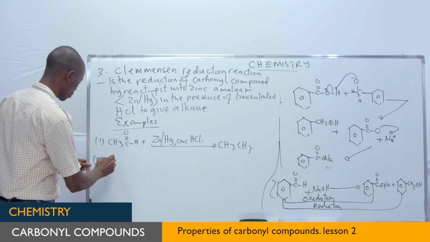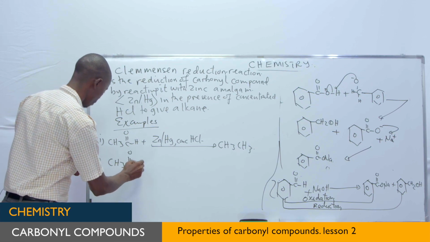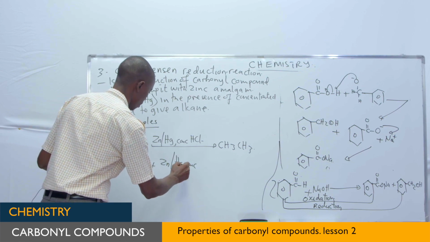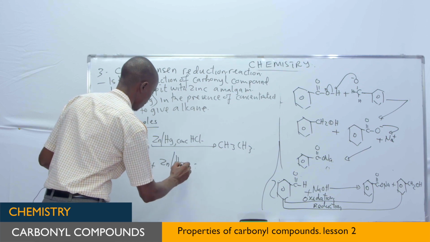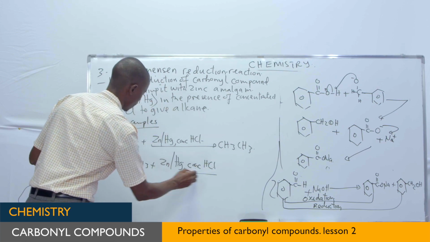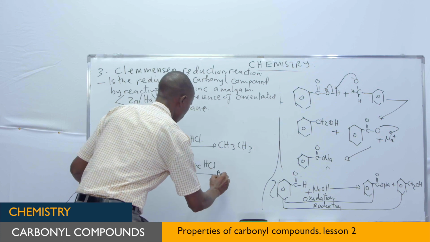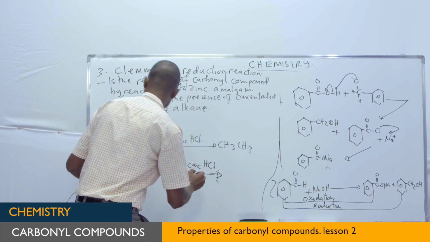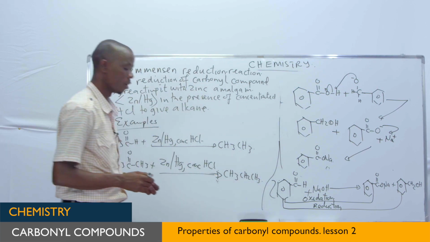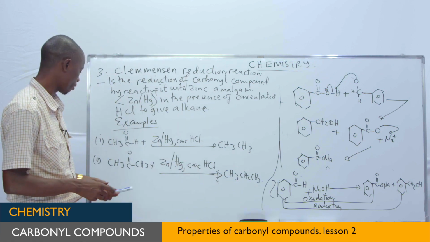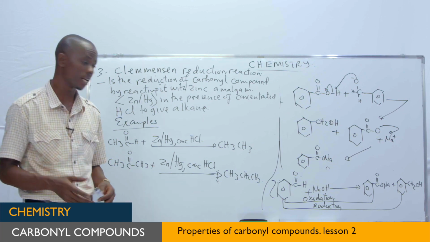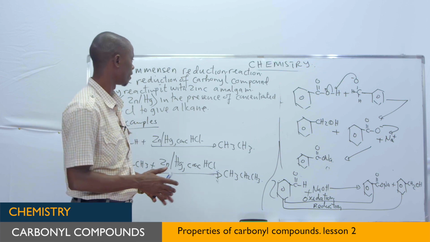Or if we give the example of ketone, we are going to get alkane, which is propane from this one. So you can see the number of carbon atoms are similar to the number of carbon atoms present in the carbonyl compound. So this is Clemmensen reduction reaction.